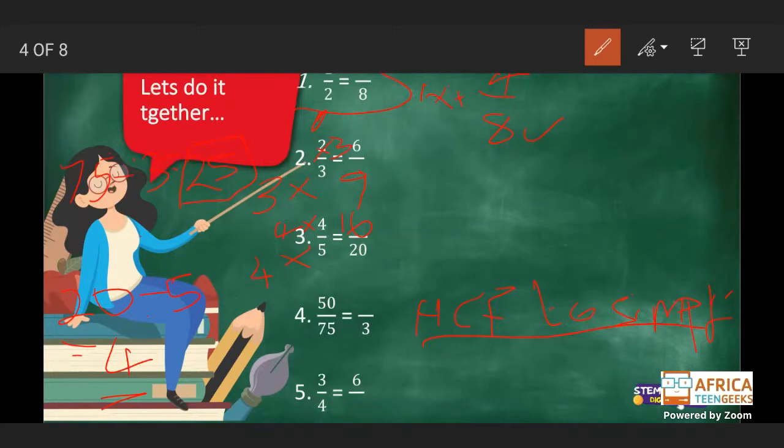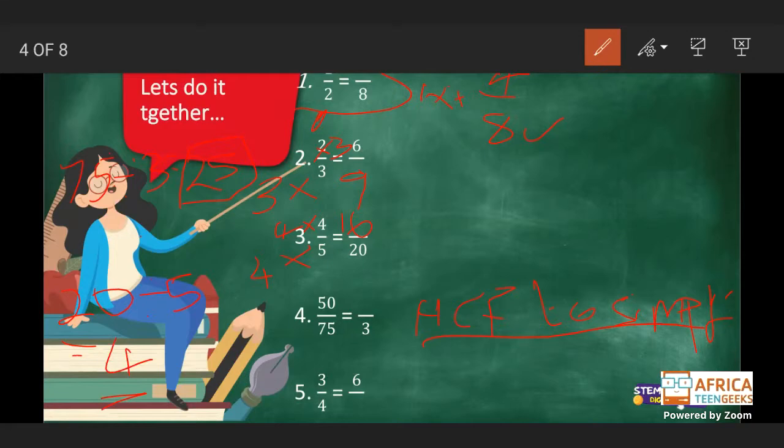They used 25 to simplify 50 over 75. So it means that they used one number to divide the numerator and the denominator, right, to find the equivalent fraction.